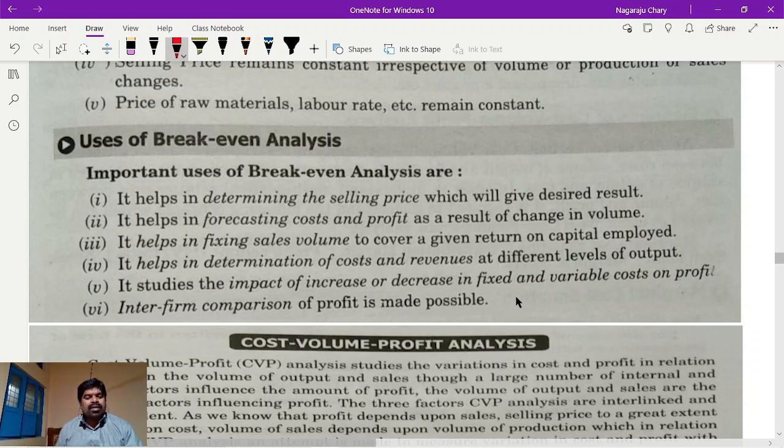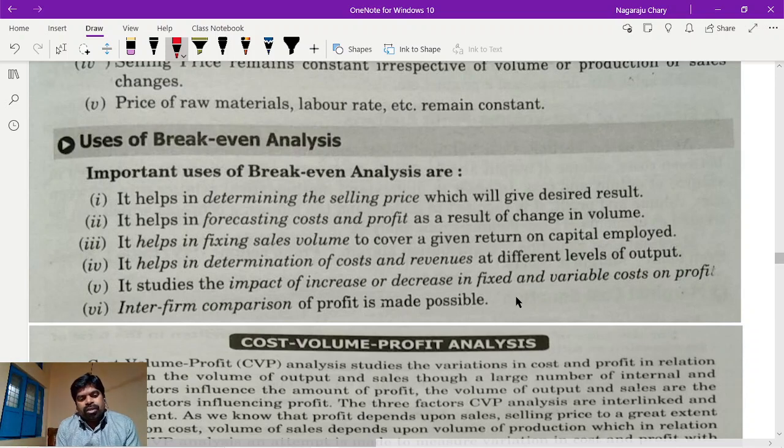So how much capital we are utilizing and how much sales we are doing can be fixed with the help of this break-even analysis. We can compare how much capital employed we utilized and how much sales we made.